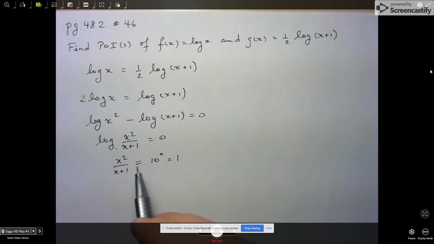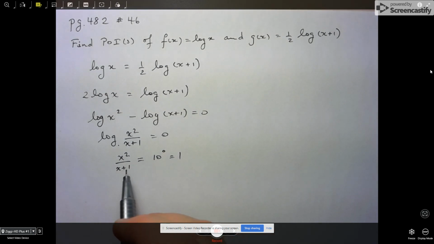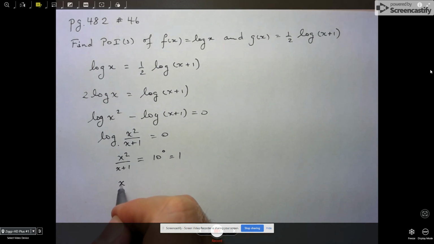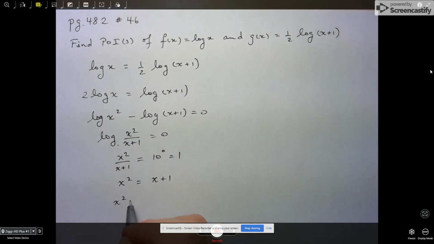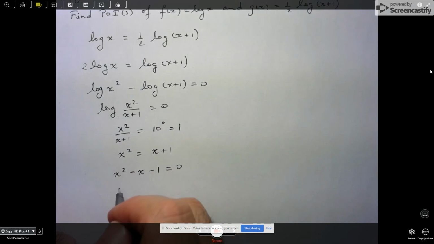And now I have a fairly simple rational equation to solve. Since it's an equation, there's no problem with multiplying both sides by the denominator. So I'm just going to multiply both sides by x plus 1. So I end up with x squared equals x plus 1. And I just have a nice quadratic equation to solve. Unfortunately this doesn't factor nicely, so I just have to use the quadratic formula.